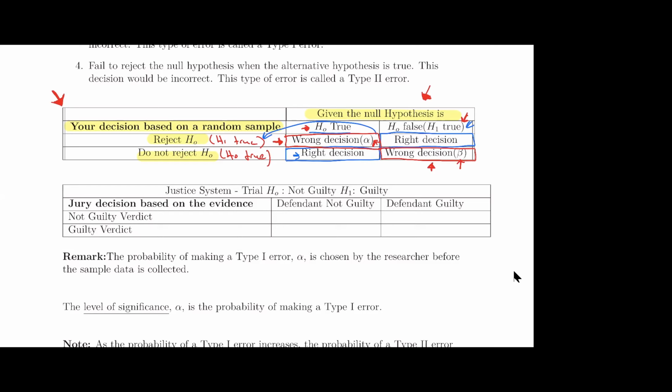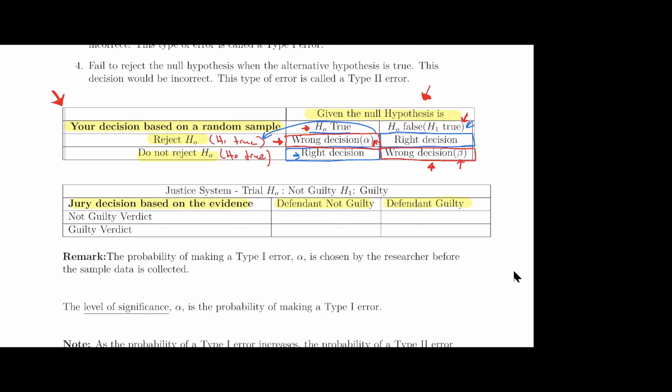Right here we have the jury decision based on the evidence. And on top, we have the defendant is not guilty or the defendant is guilty. Think about it this way: at the end of the trial, hypothetically, the defendant tells us whether they were actually guilty or actually not guilty.